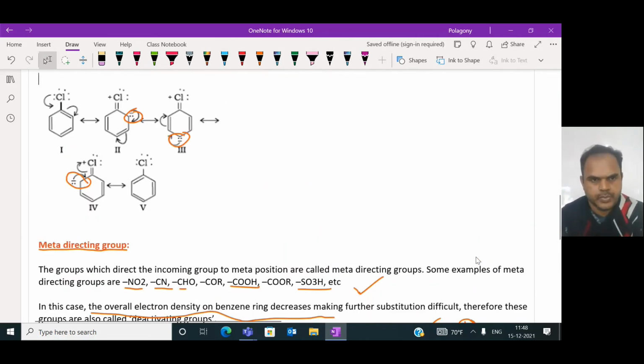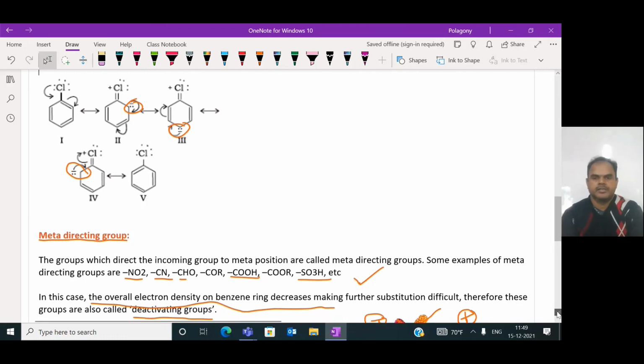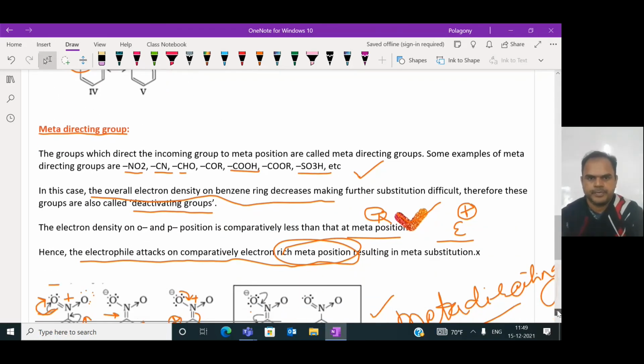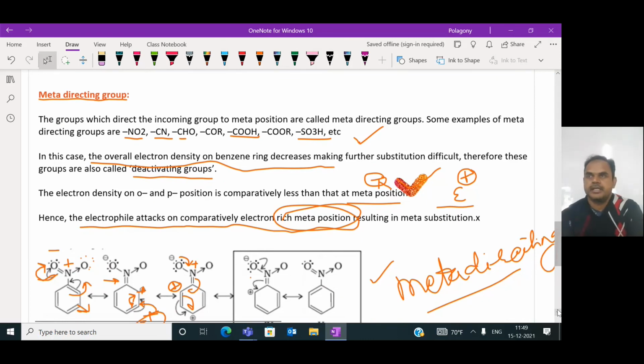So with this, what we can understand is that once the benzene is substituted with a functional group, that functional group will determine the incoming substitution.